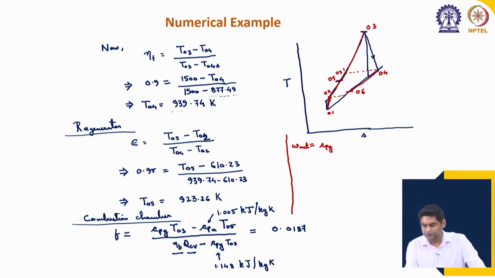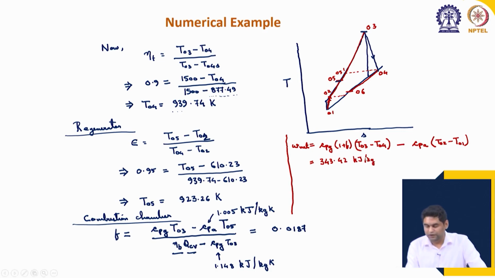Turbine work output, CPG into (1 plus f) into (T03 minus T04), minus compressor work input, which is 1, mass flow rate of air is 1, into Cpa into (T02 minus T01). Everything again is known. So, from this you get the value to be 343.42 kilojoule per kg.